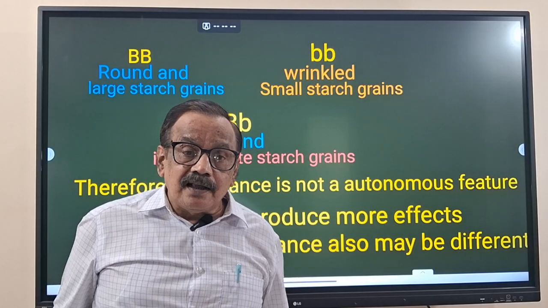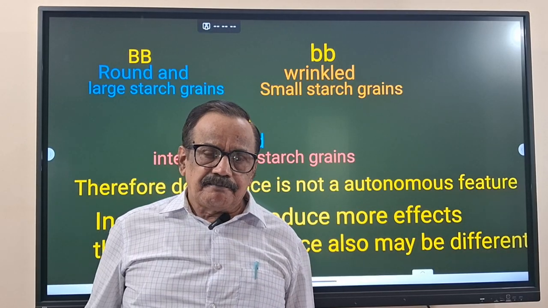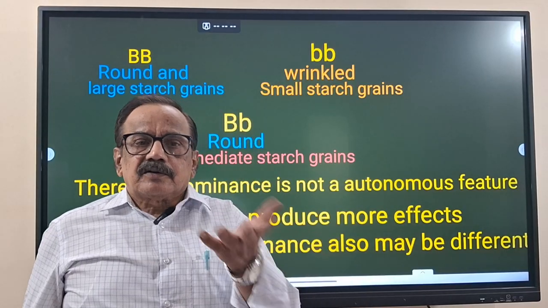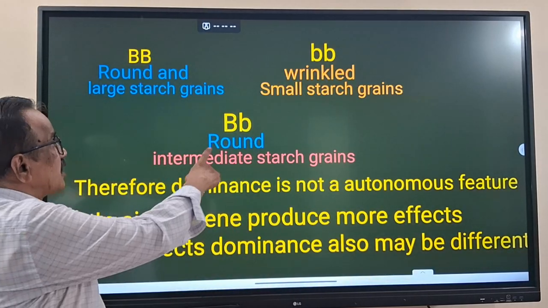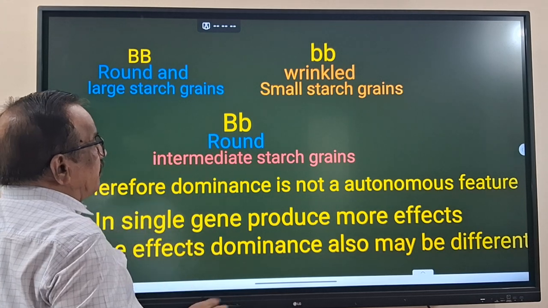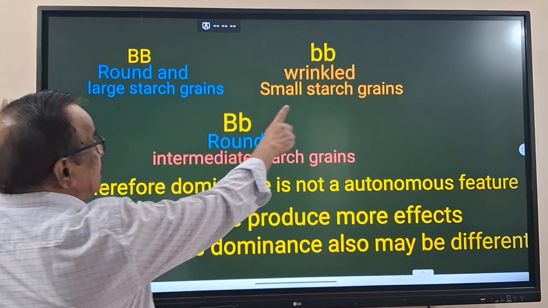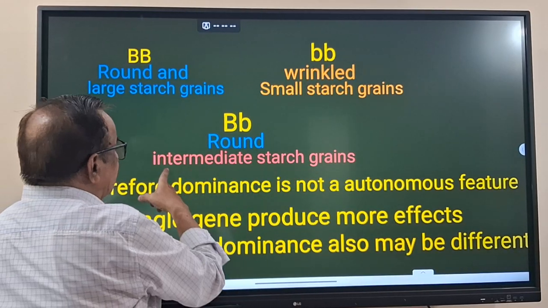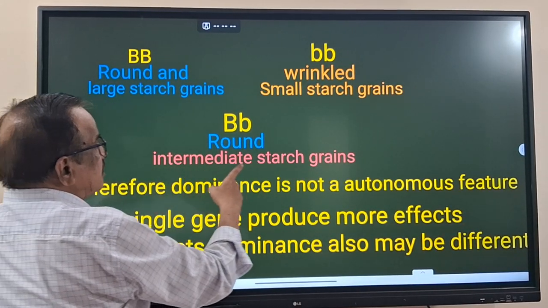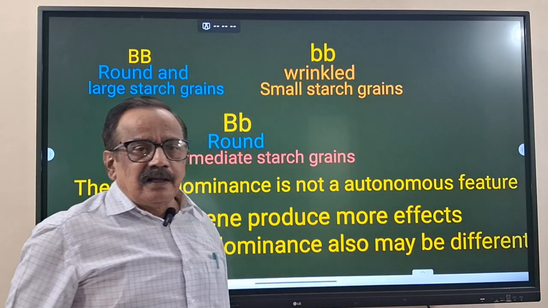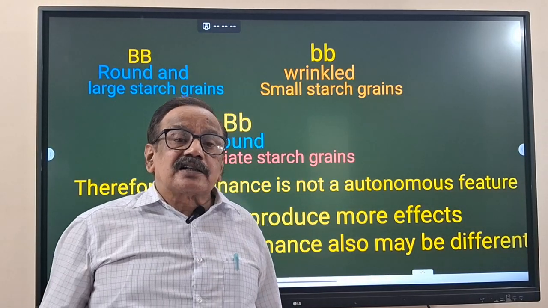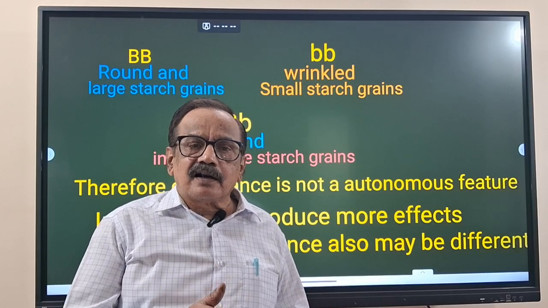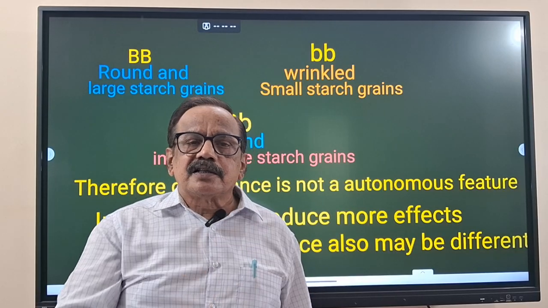Dominance is observed for capital B. So the seeds are round, same color I given. But the starch grains are of intermediate size, which I have given another color. Intermediate starch grain production is what we call incomplete dominance.